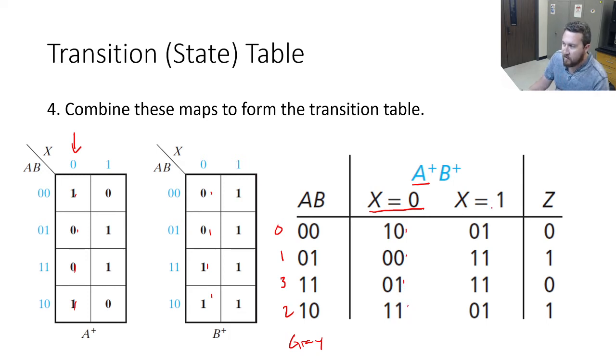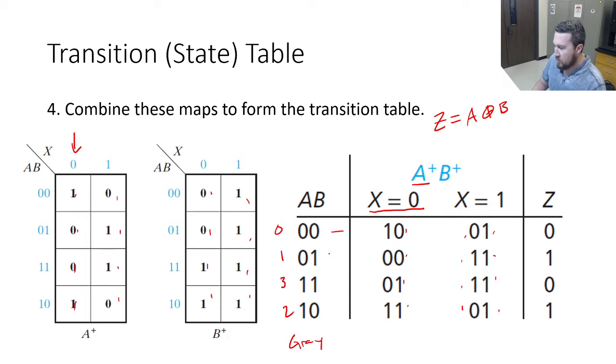And we do the same thing for X equals 1. For A plus, that's 0, 1, 1, 1, 0, 1, 1, 1. And for B plus, that's 1, 1, 1, 1, all the way down. And then, of course, the outputs here, remember Z was equal to what? A XOR B. And that's coming from here.